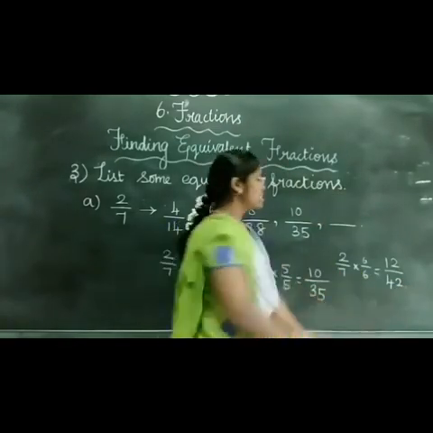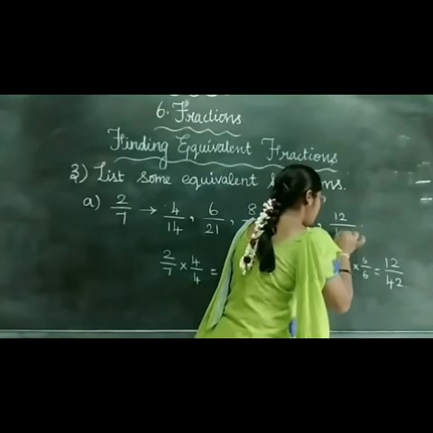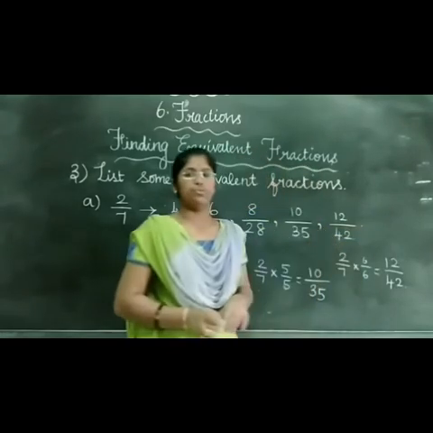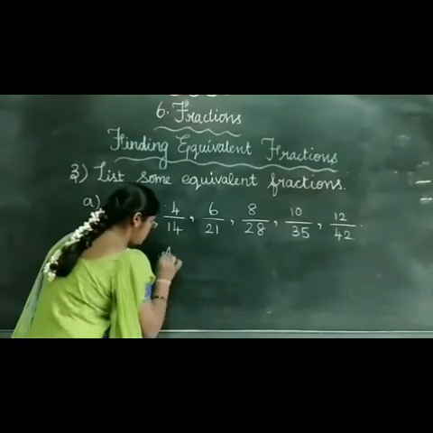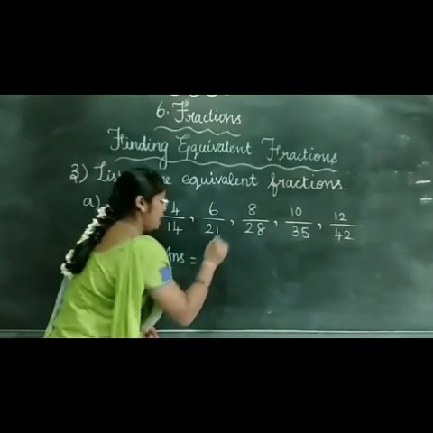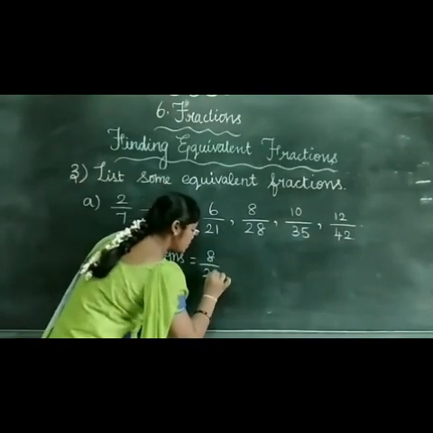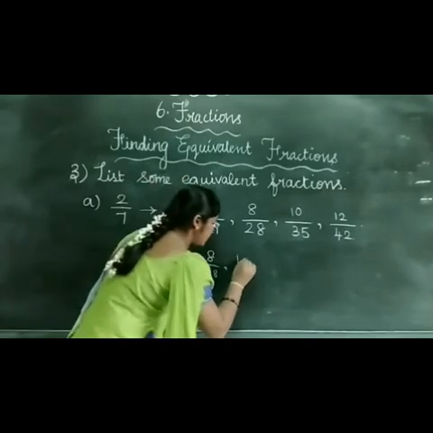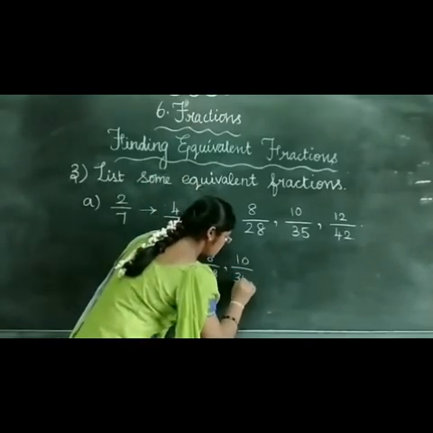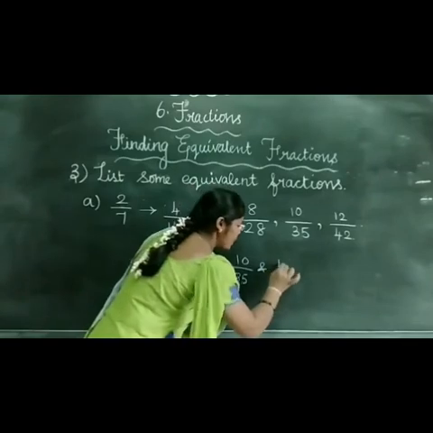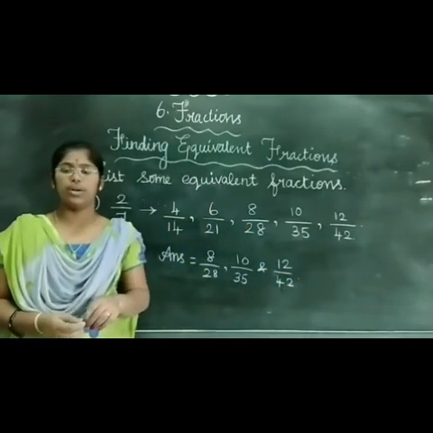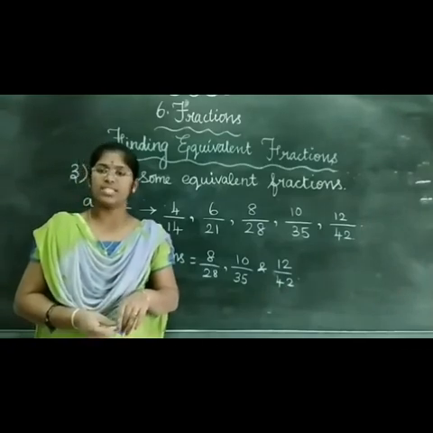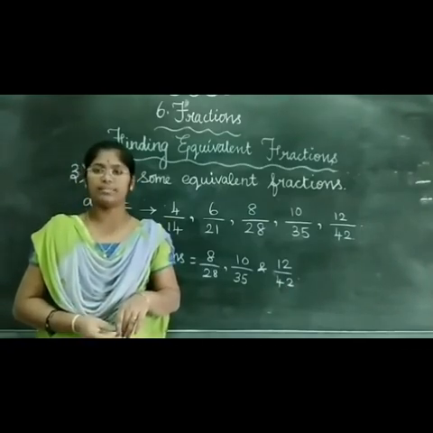The answer is 12 by 42. At last, the answer is equal to 8 by 28, 10 by 35 and 12 by 42. Is it clear, children? Can we see one more example?